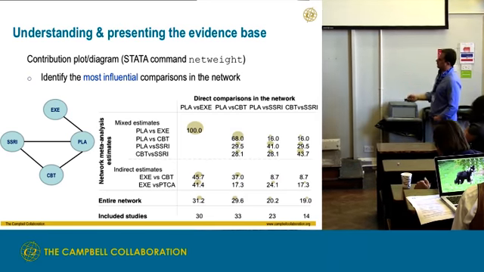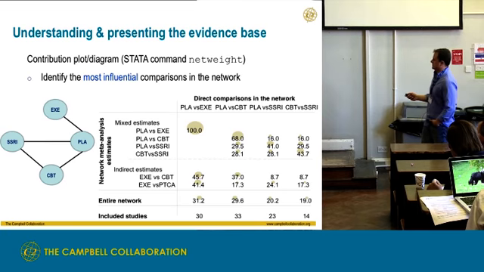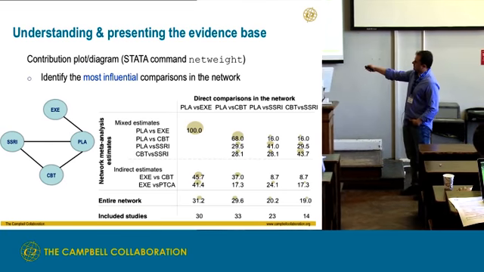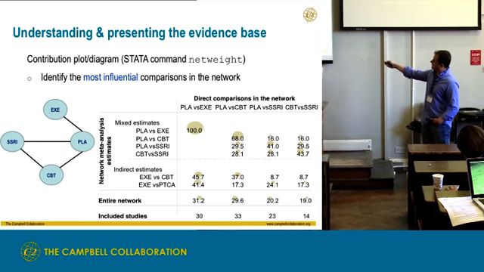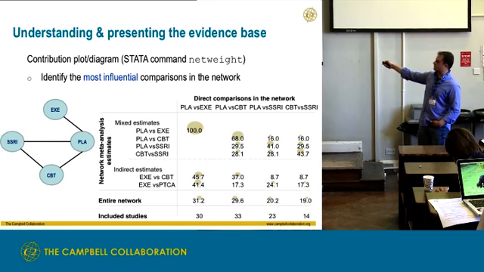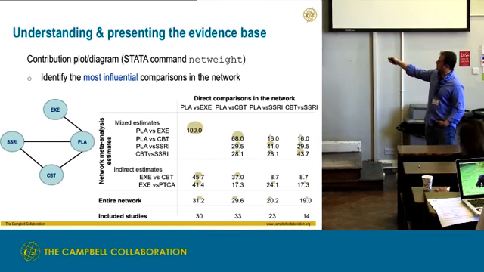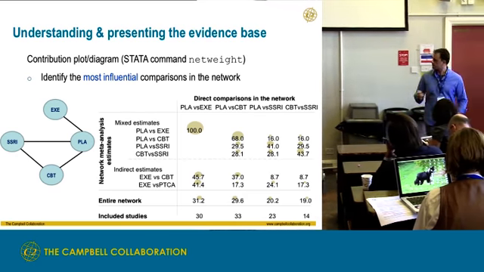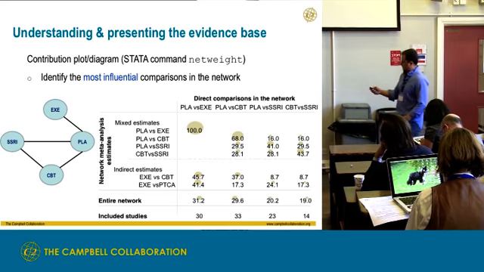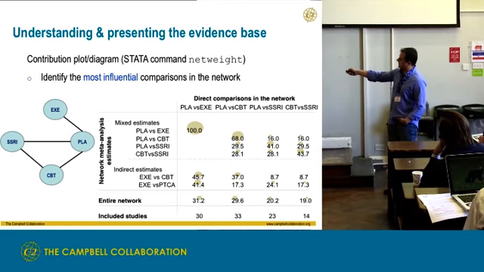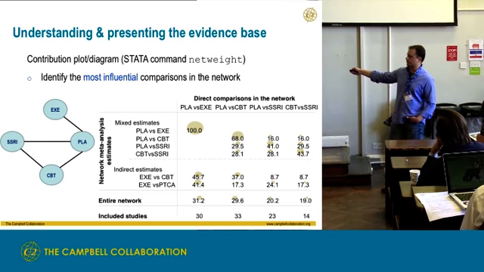Similarly, I can compute the rest of percentages. So the network meta-analysis estimate for placebo versus CBT gets 68% of the information from placebo versus CBT, and the rest from the other 2 direct comparisons. And I can also see where the indirect estimates get the information from.